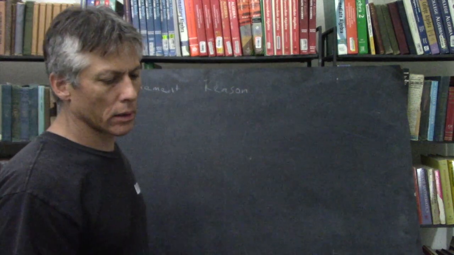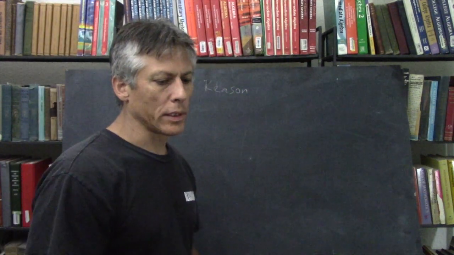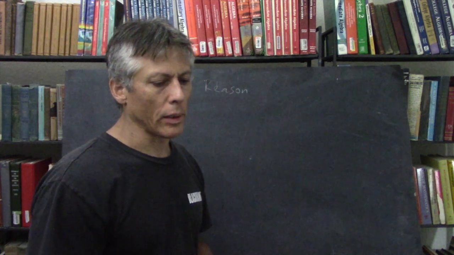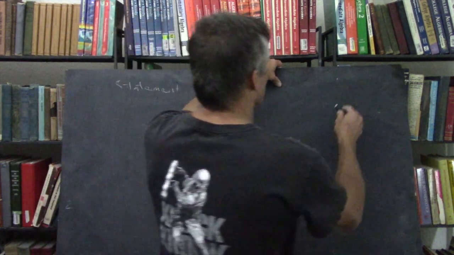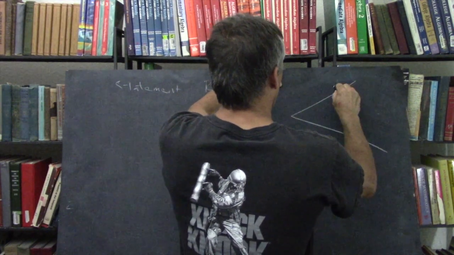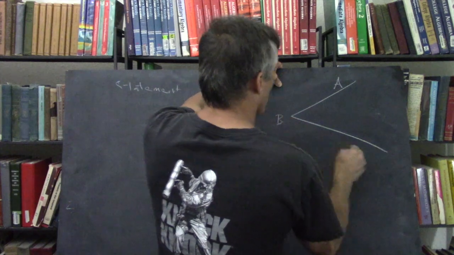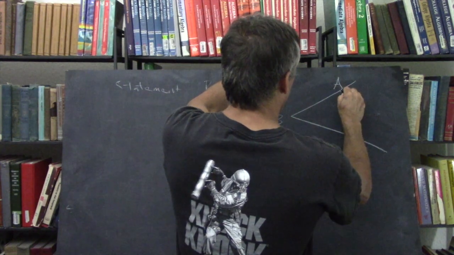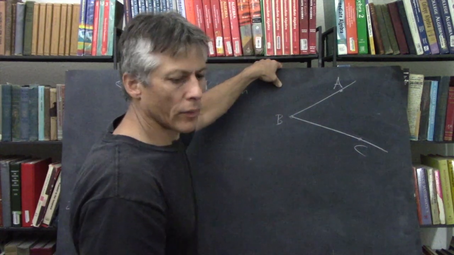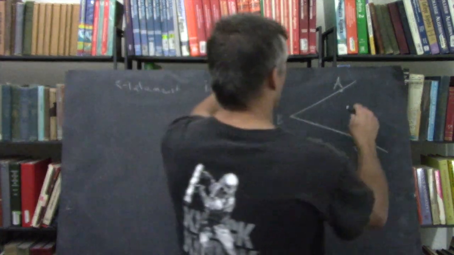Theorem 4.8 says that if a point is equidistant from the sides of an angle, then the point lies on the bisector of the angle. So this time, okay, we've got a point somewhere.